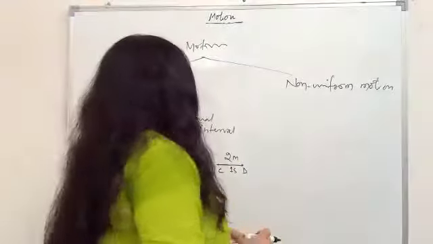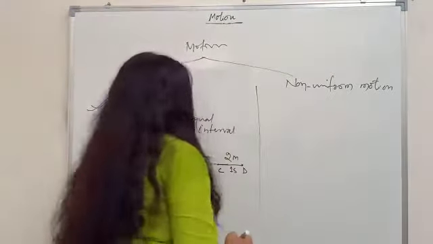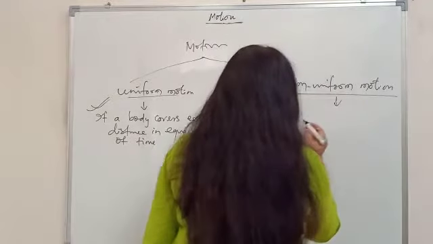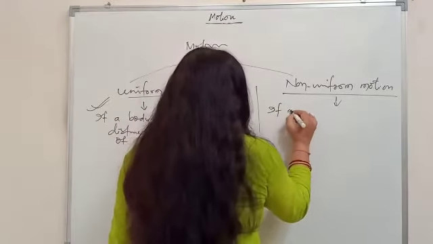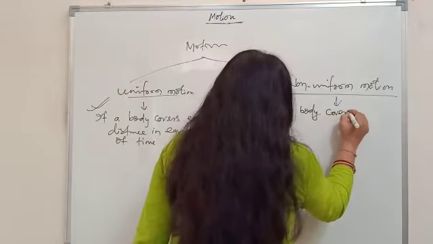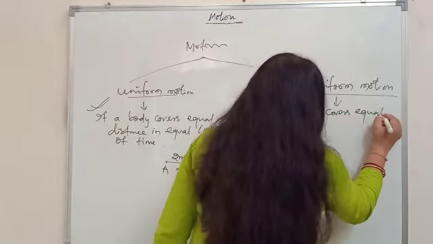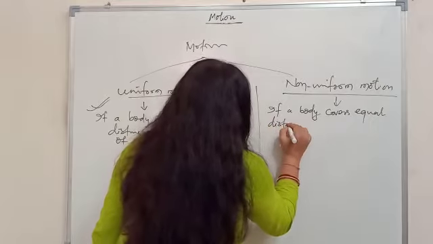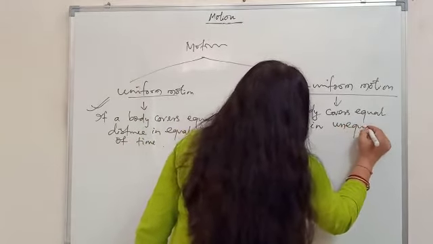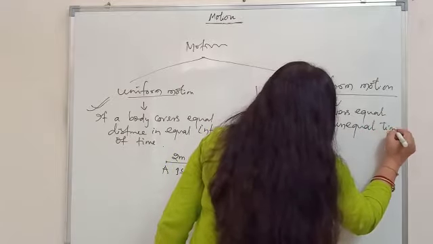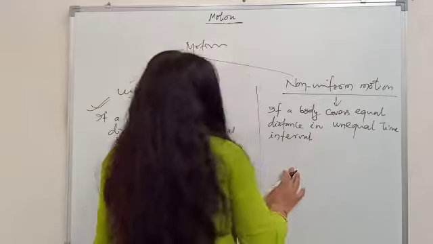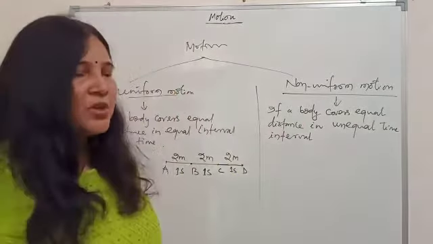But what about non-uniform motion? If we look at its definition, if a body covers equal distance in unequal time intervals, that is called non-uniform motion.